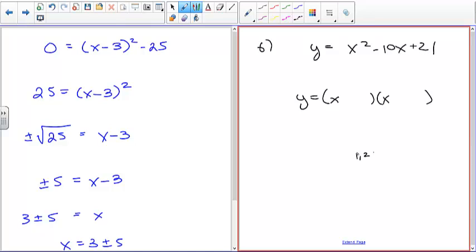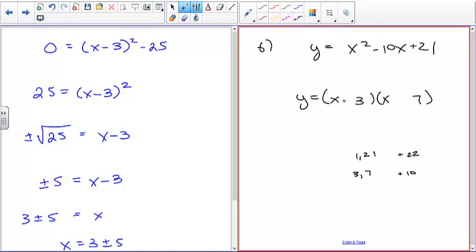Well, you'd say 1 and 21 and 3 and 7. So obviously it's important to know how to factor something. And because this is a positive sign, they're either both going to be positive or negative. So I would look at the sum of the two. If I add 1 and 21, they get 22, and if I add 3 and 7 together, I get 10. So this number either has to be 10 or 22. We can see it's 10. So these are the two factors, 3 and 7.